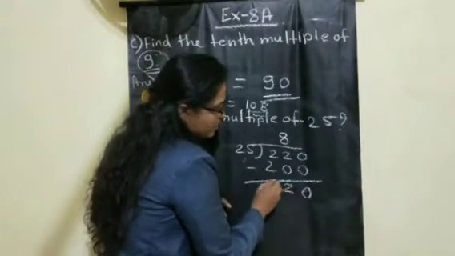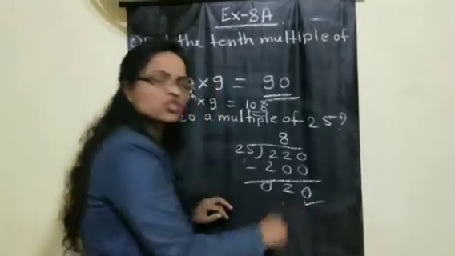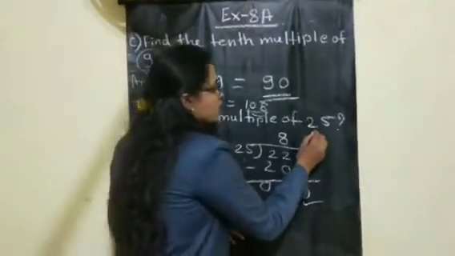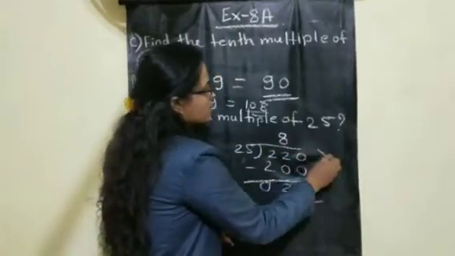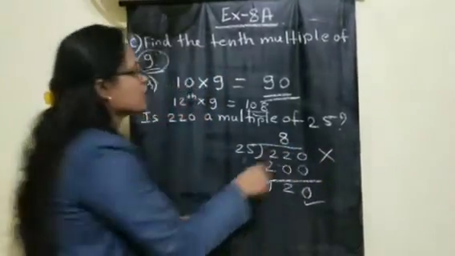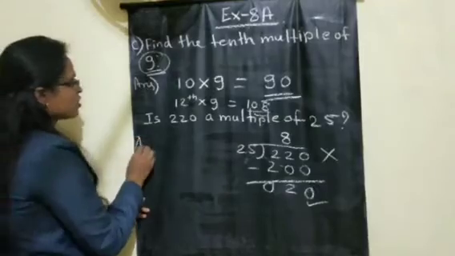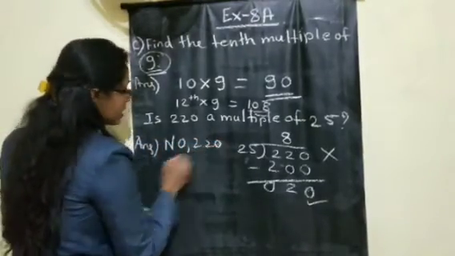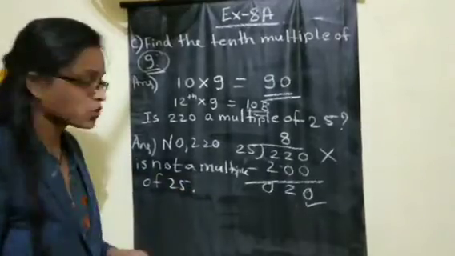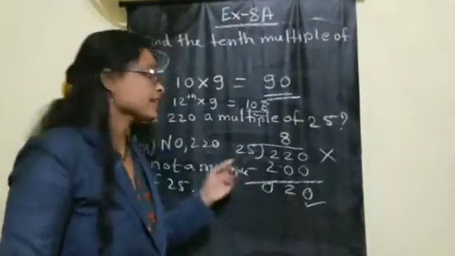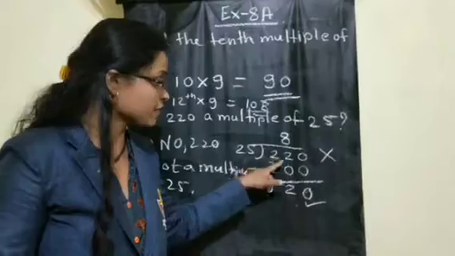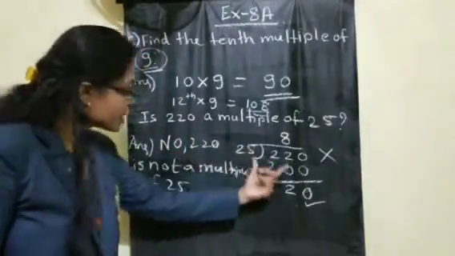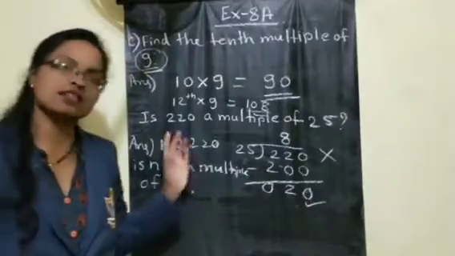So here we are getting the remainder 20, and further we cannot divide. So this 220 is not a multiple of 25. So here you can write the answer no. I told you if it is exact division, then yes, it is a multiple of that given number. Otherwise, no. Like that you have to check with the division and then get the answer yes or no.